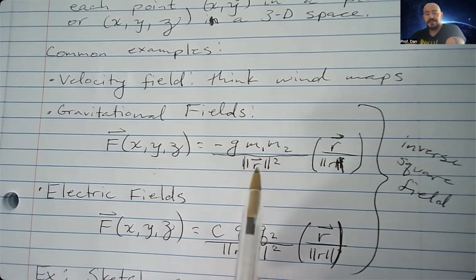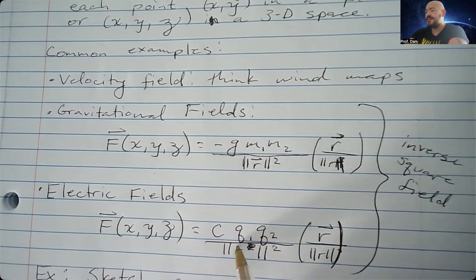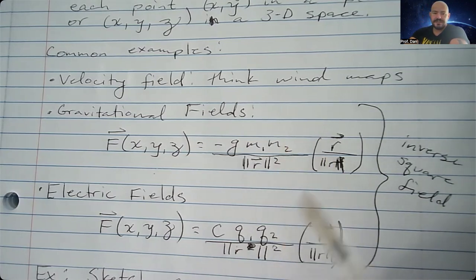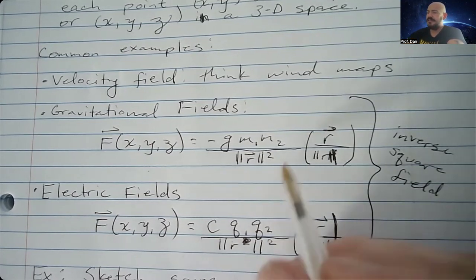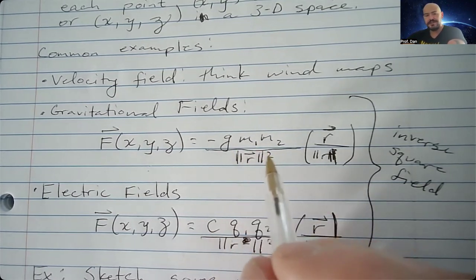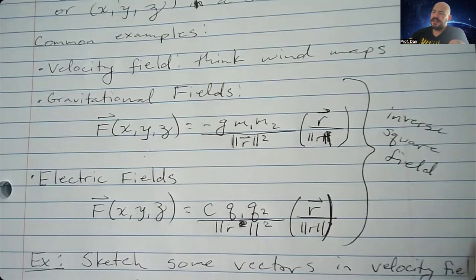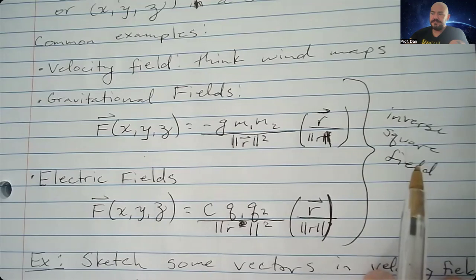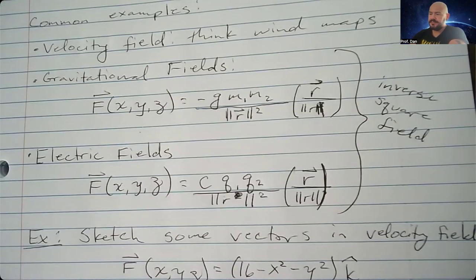And in both cases, we're dividing by the magnitude of the vector r squared. Because they have the same kind of shape, a lot of times we'll refer to these as inverse square fields, because this factor we're dividing by is the magnitude of vector r squared. I'm going to talk a little bit more about these later.